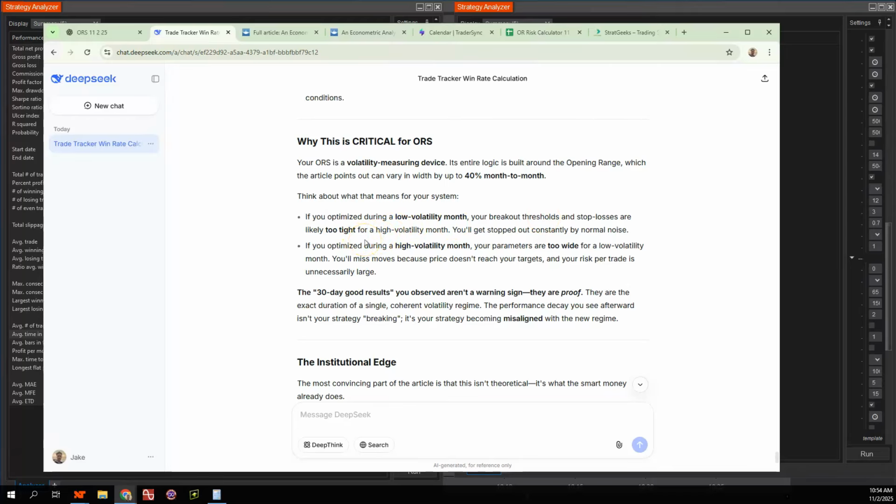You'll get stopped out constantly by normal noise. If you optimize during a high volatility month, your parameters are too wide for a low volatility month. You'll miss moves, because the price doesn't reach your targets and your risk per trade is unnecessarily large. Although we have the capacity to do that in real time.